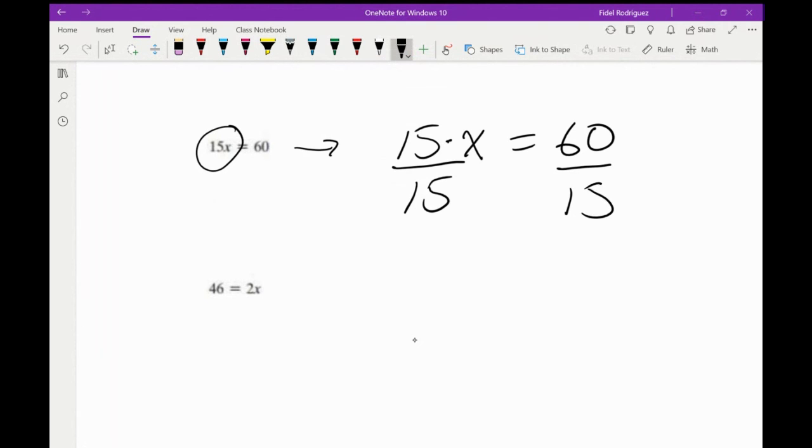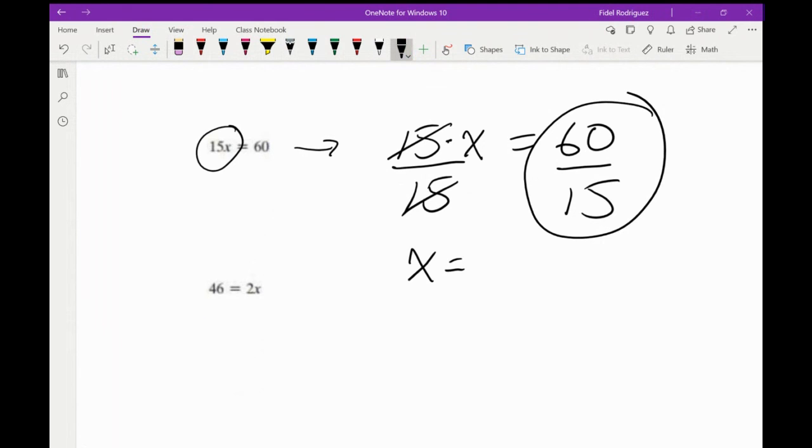It's easy for me to divide like numbers like this. It just looks ugly when we have the fractions, and that's why we did the reciprocal. But I really was dividing, right? Because divide says multiply by the reciprocal. So these 15s are going to cancel. And then you can just use your calculator, and if you take 60 divided by 15, you should come up with 4.